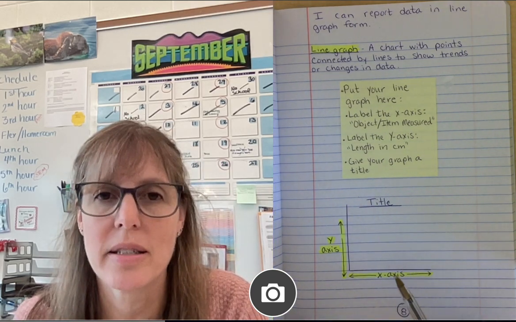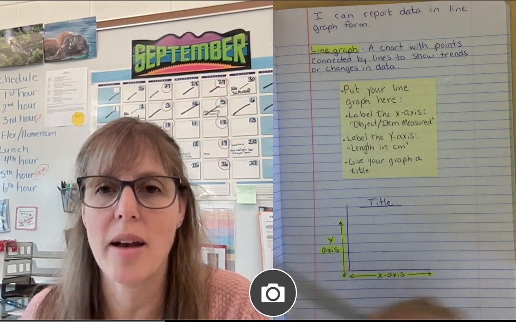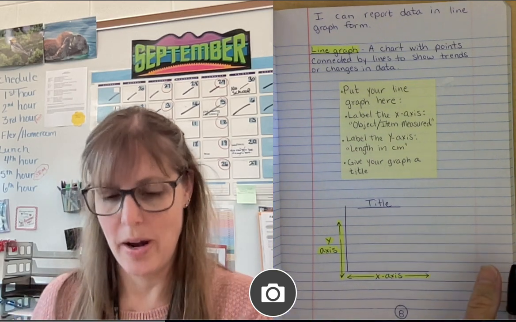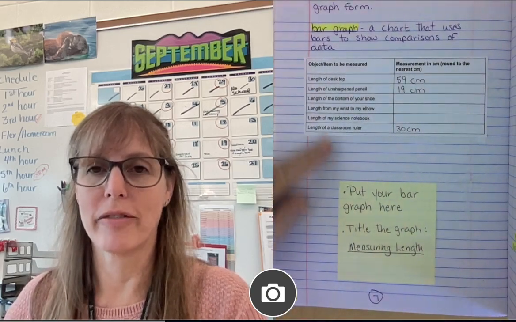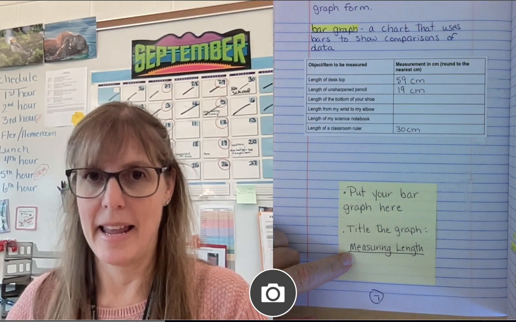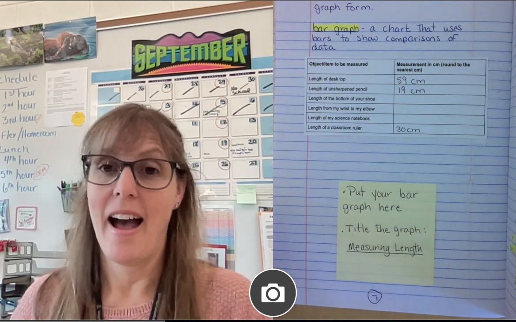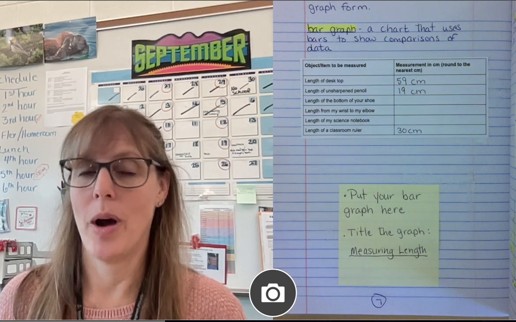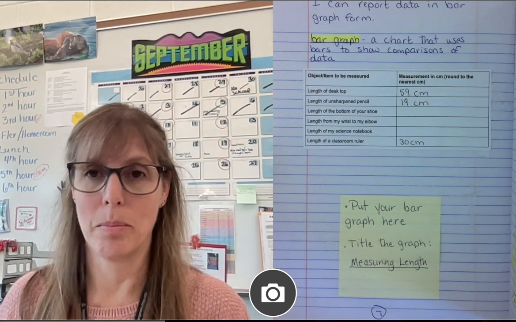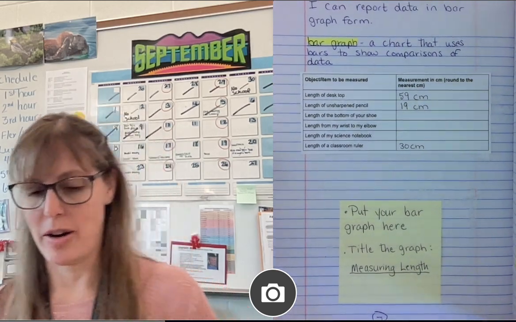I'll give you a hint. It's the same as the one on page 7. Okay? All right, and on page 7, you had to title your graph Measuring Length. All right, have fun measuring today, but let me give you a clue about your graphs and how to build them before you get started.